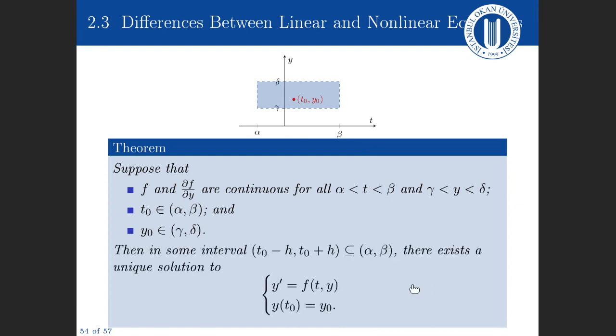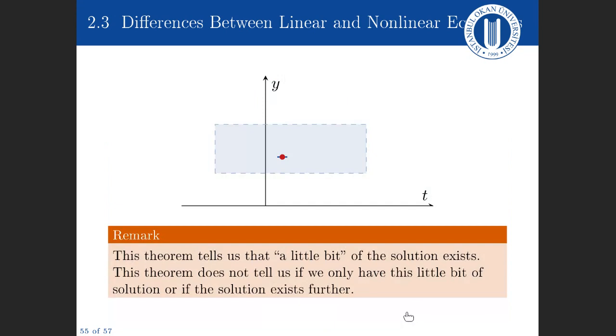Then the theorem says there exists some interval inside the interval between alpha and beta where there exists a unique solution to this initial value problem. So to recap, this theorem tells us that a little bit of solution exists.